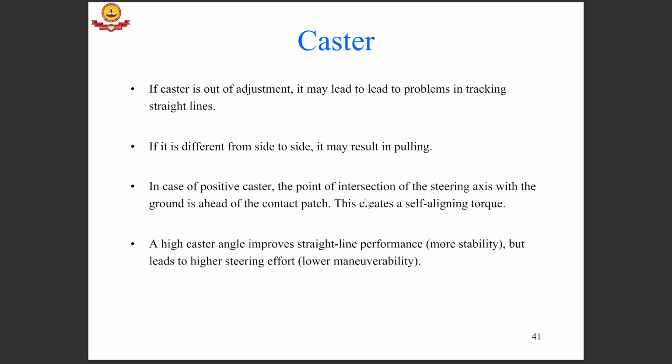In case of a positive caster, the point of intersection of the steering axis with the ground is ahead of the contact patch. This creates self-aligning torque. A high caster angle improves straight line performance, but it also leads to higher steering effort or lower maneuverability. That means there is a trade-off with respect to caster angle between straight line performance and lateral performance.